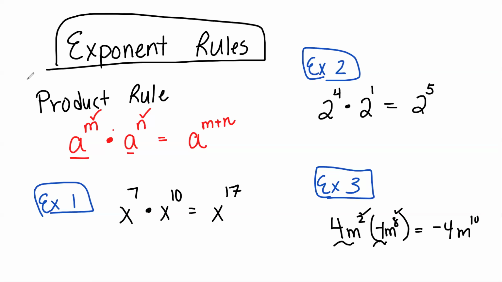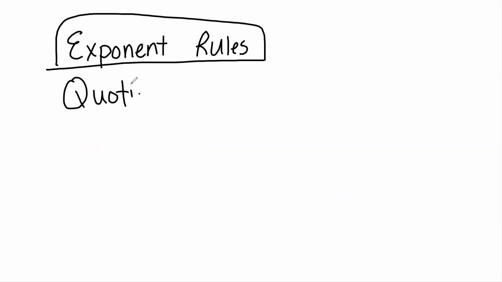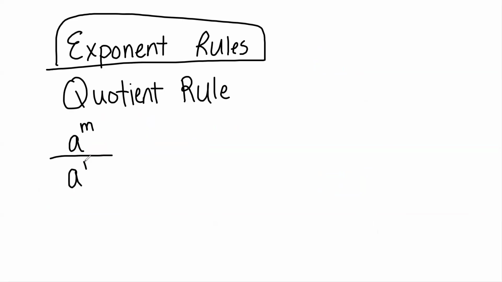All right, let's talk quotient rule. So again, I know you know what the word quotient means. It's the answer to a division problem. So we'll be dividing. So if it's a to the m divided by a to the n, we really subtract. So we're going to keep that base a and you're going to subtract the exponents.